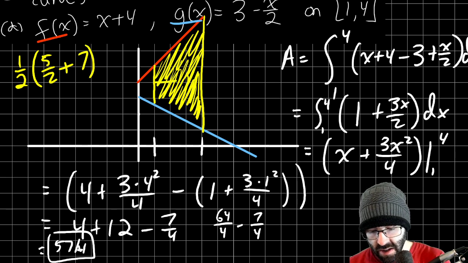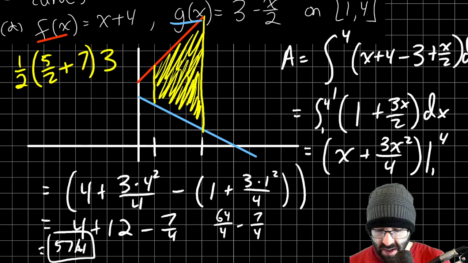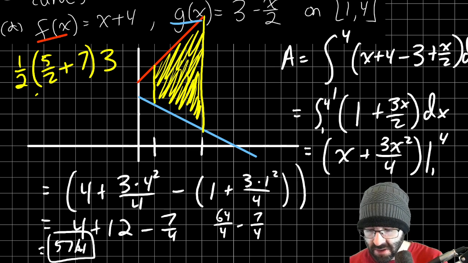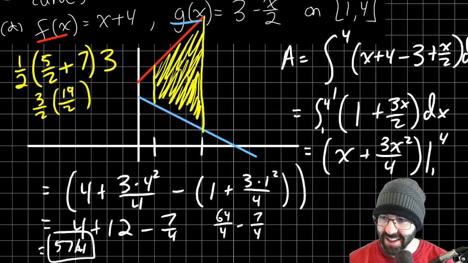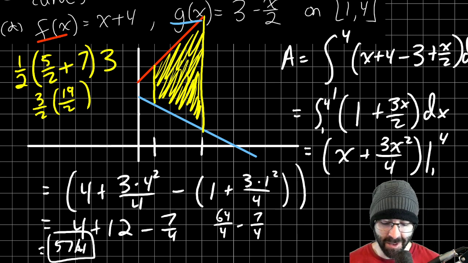Times the height, which in this case is horizontal, and that's 3. So that becomes 19 halves times 3 halves. Please tell me that's 57 over 4. It's 57 over 4. That's fantastic. So the donkey method, same as the car method here.